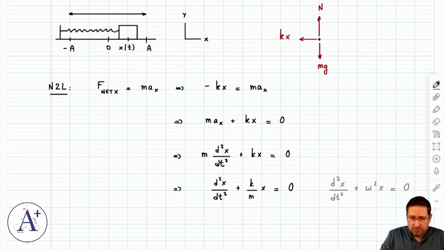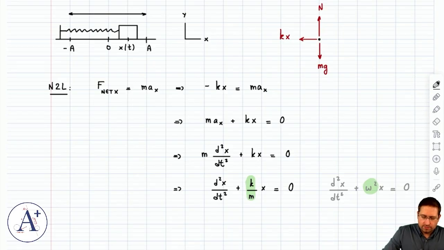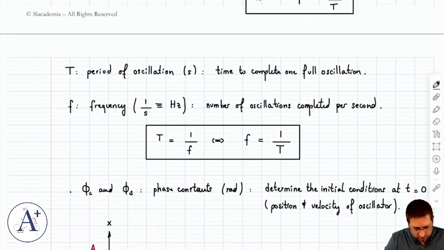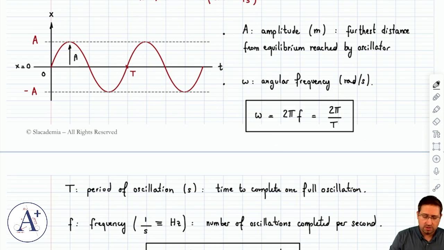Now, the beauty of this differential equation is that it actually tells me what omega squared is. It's this term right here. So what I get out of this is omega. And what I need to realize and keep in mind is that my omega is specific to my oscillator. Omega is always 2 pi f, which is 2 pi over T. This is always true for all oscillators, no question.